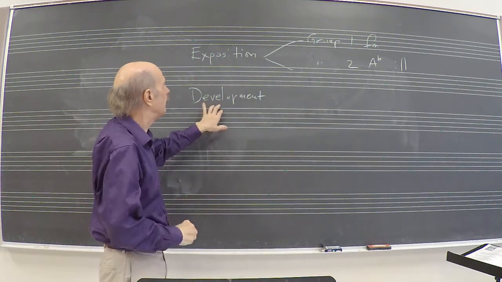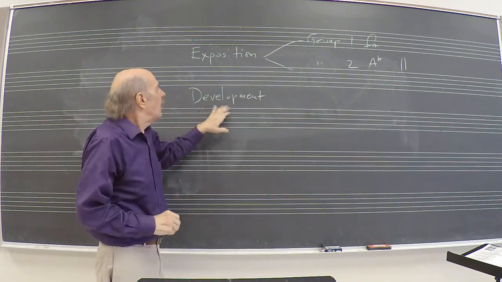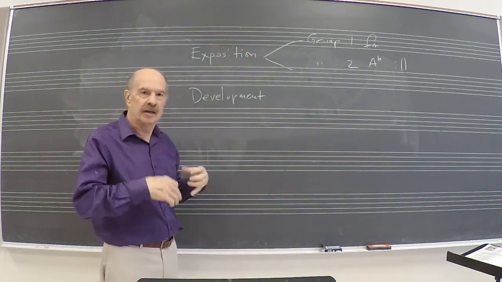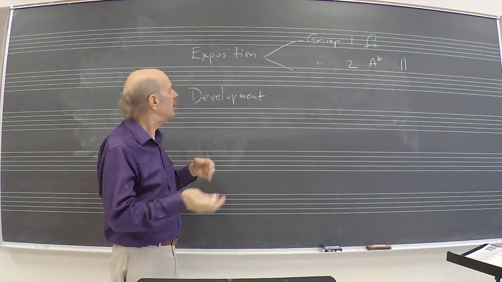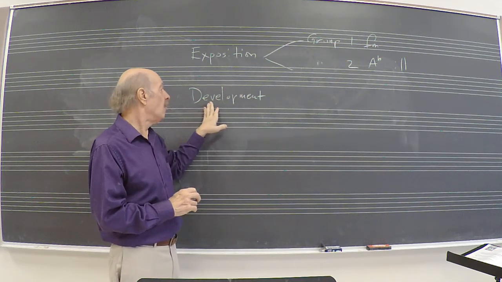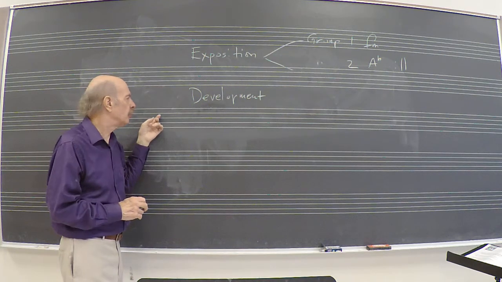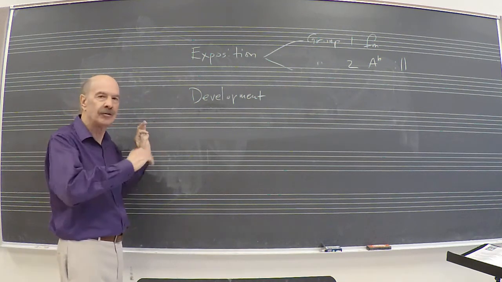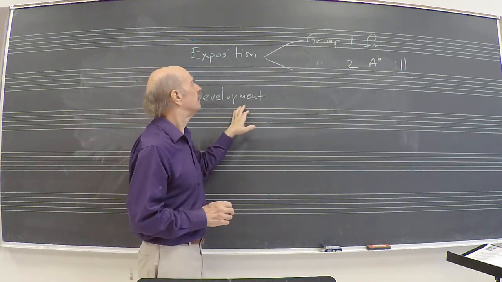All right, development. Now, what is the development? Is it where the themes in the exposition are developed? Not necessarily. Maybe it would, maybe not. The development section, this is a kind of a misnomer, really, in English. In German, it's called Durchführung, which means the led through section. And that's what really happens in a development.